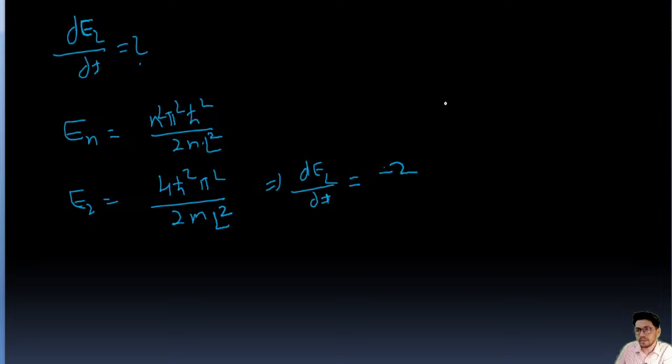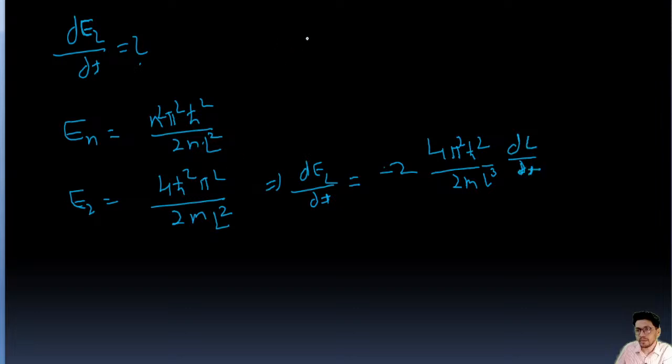So this is minus 2 times 4 pi square h square upon 2 m L cube, then dl upon dt. Very simple, right?